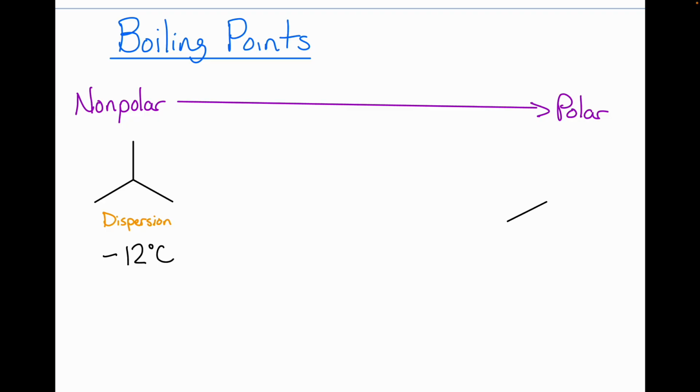If we take an example of a very polar functional group, what makes this hydroxyl group here so polar? It can do what type of interactions? Hydrogen bonding.